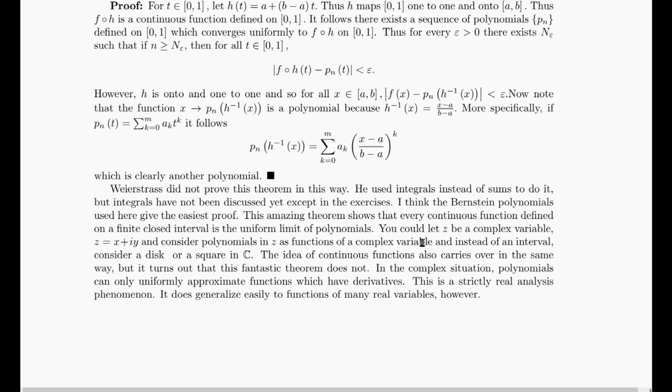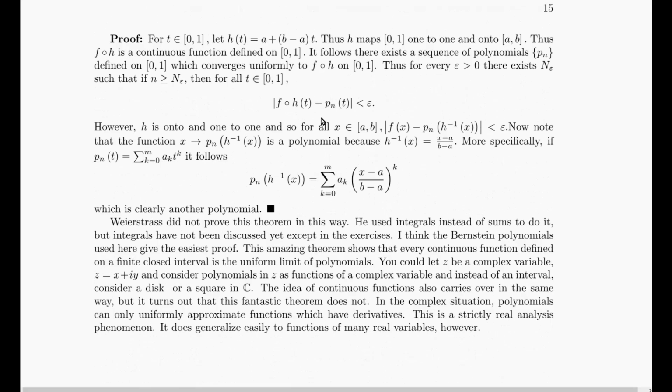And unfortunately, you cannot do that. The only kind of functions that can be uniformly approximated by polynomials in the case of functions of a complex variable are functions that are differentiable. And that shows that this major theorem of Weierstrass is a strictly real analysis phenomenon.